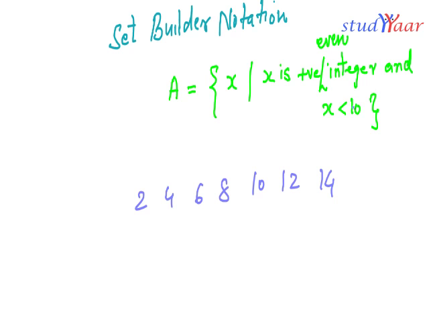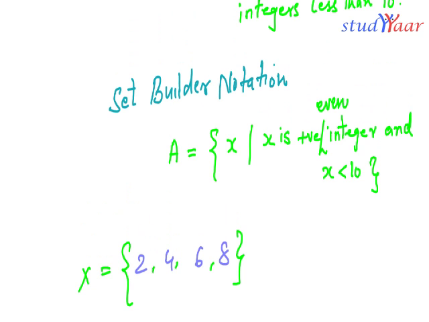And I am also saying that X is less than 10. Therefore, I eliminate the possibility of this. So what I am left with is X equal to this, which is what I wanted. This is known as the set builder notation of representing or defining a set.